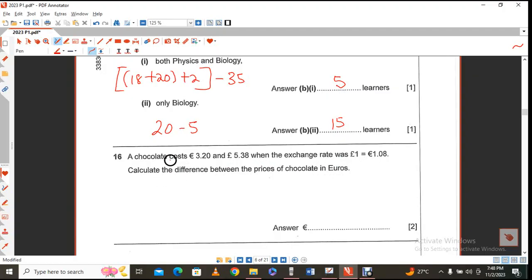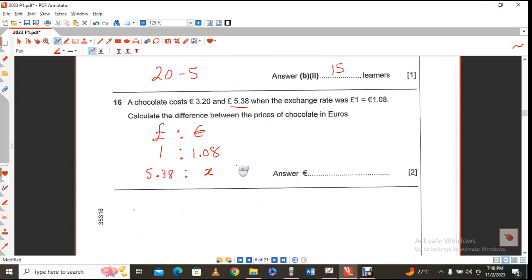So what I like to do with these questions, I like to write down the conversion, and maybe I use the ratio method. So £1 is equivalent to 1.08. So if I take the £5.38 over here, I'm going to find out what is the euro equivalence of that.